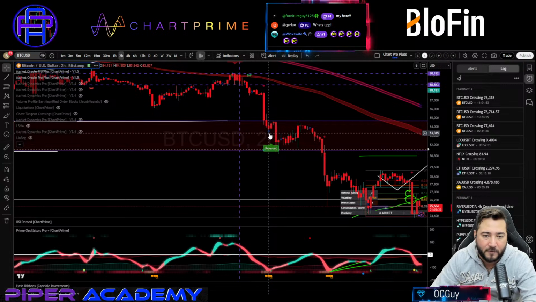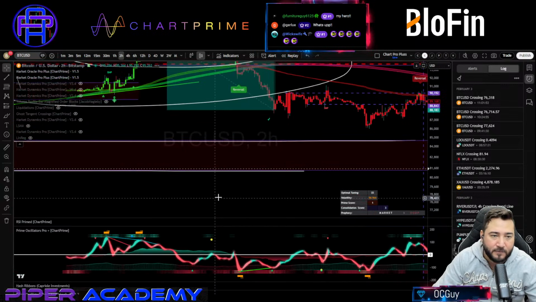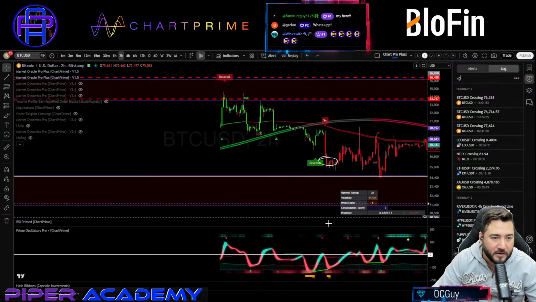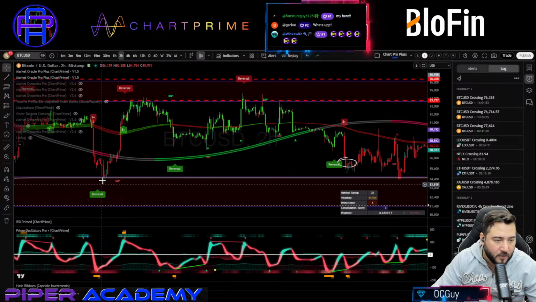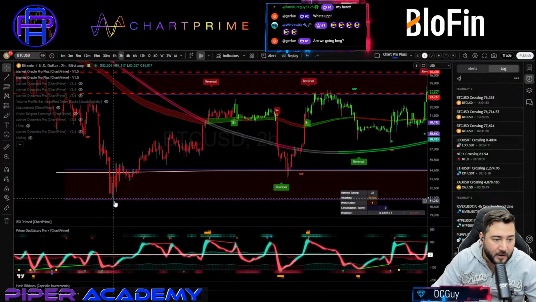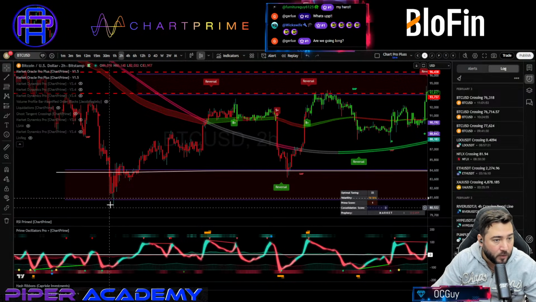Let's take a look at a couple of other examples of what I'm seeing right now. We'll see that when we start having that kind of pin bar, and let me find one. There we go, a pin bar, we start seeing that reversal, a pin bar, reversal, pin bar, range, pin bar, reversal. So this is an inverted Bart Simpson, right? Pin bar, and I think this is more like what we're looking at.